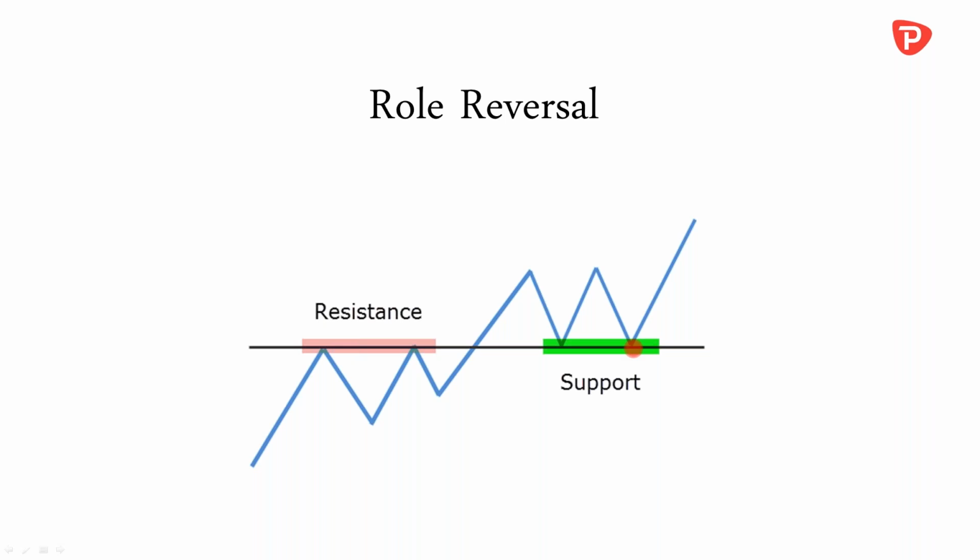The other thing about role reversal, or where resistance becomes support here, is we've got to ask ourselves the question, are we trading with trend whenever we're looking at a market position? So obviously a lot of people have heard of the common conception of trend is your friend, and it's definitely a thing. So when you're trading with trend, you've asked yourself the question, why is that currency trending? Generally that currency is trending due to a fundamental change or a fundamental reason, as it's trying to find fair value.